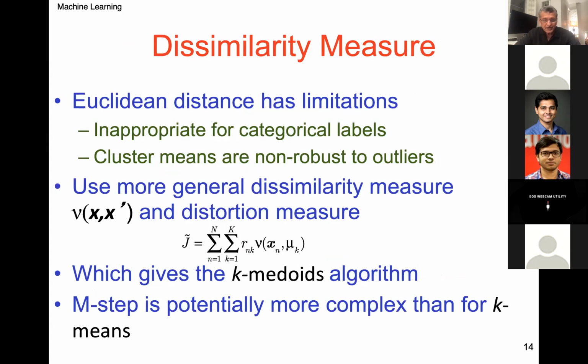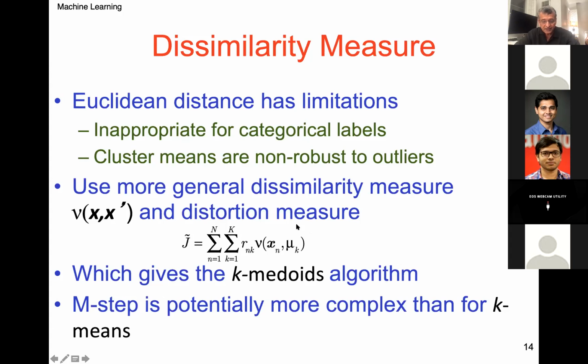And Euclidean distance itself has limitations, it is inappropriate for categorical labels. So in which case, with data that is not necessarily continuous, we use a more general dissimilarity measure V of x, x prime.